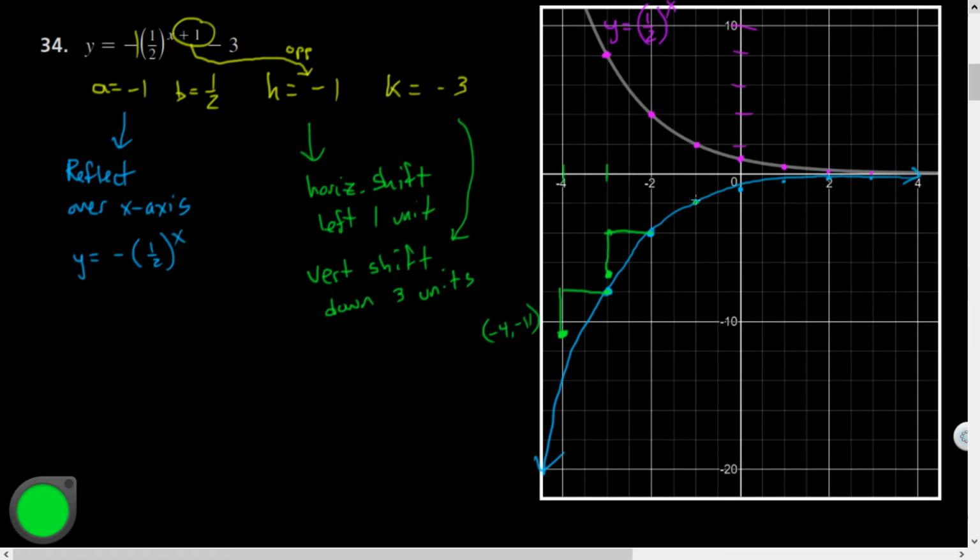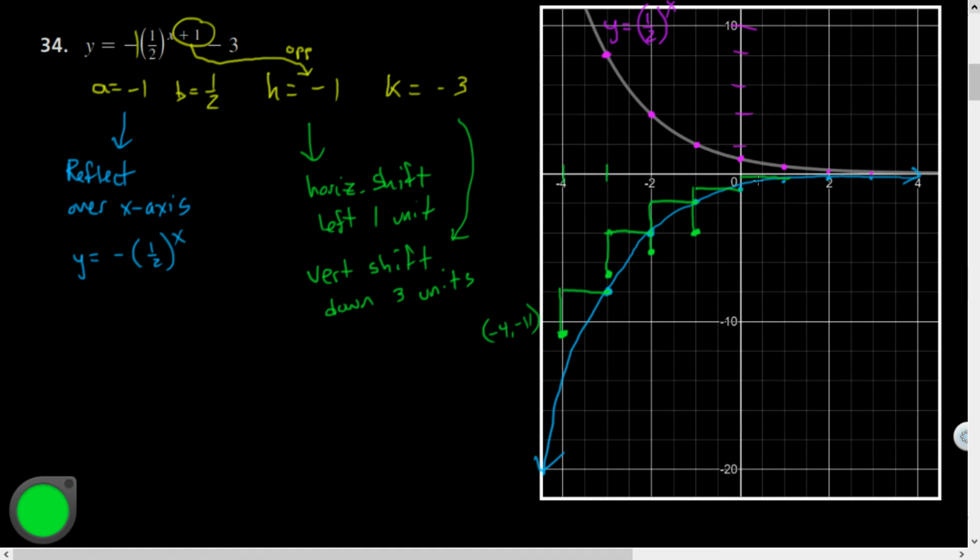Left 1 unit and down 1.5 grid spaces. Well, my horizontal axis, the grid spaces count as a half, right? So make sure you're paying attention to your scale here.